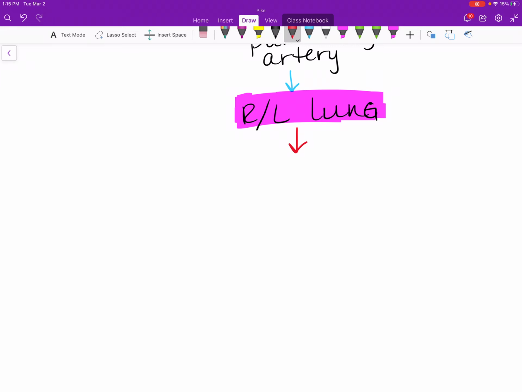So the highway that we travel to get back to FedEx, to get back to the heart, because this is the warehouse. This is not where we ship things out. This is just where we store oxygen. So we go back to the heart via the right or left pulmonary veins. Okay. And again, we're still oxygenated.